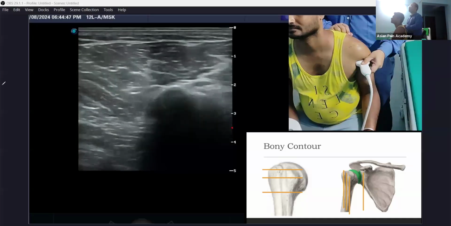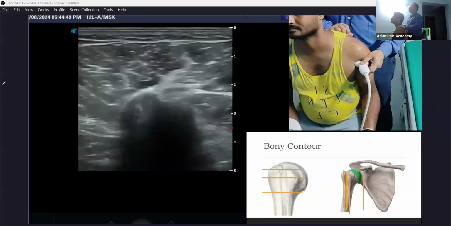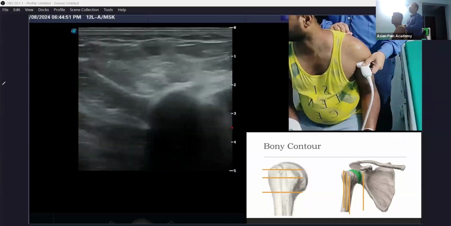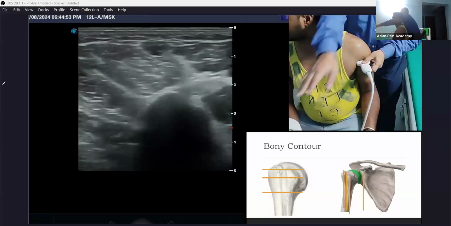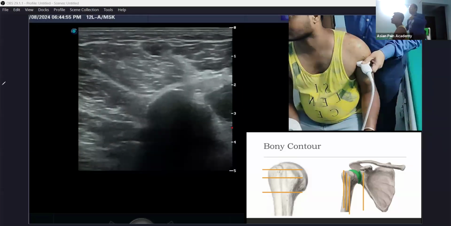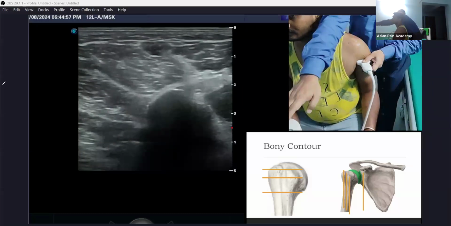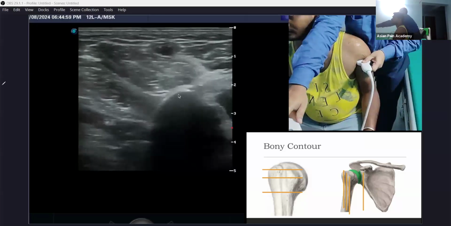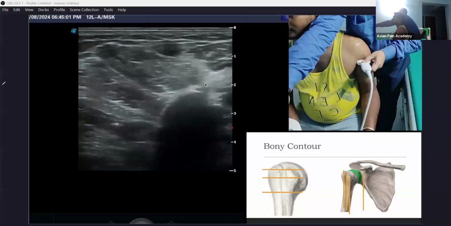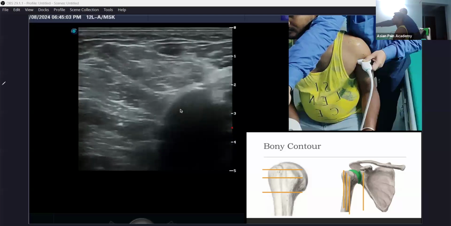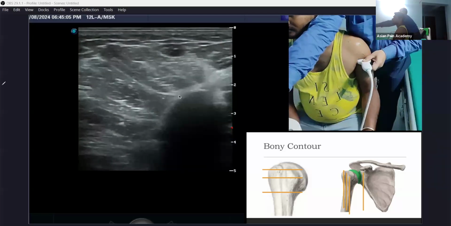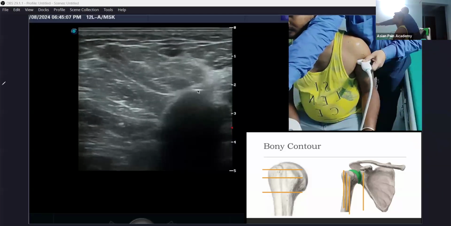So this is the humerus bone, lower end. You can see the structure. I think there is no need for marking here. So this is the periosteum, the periosteal shadow of the humerus bone.